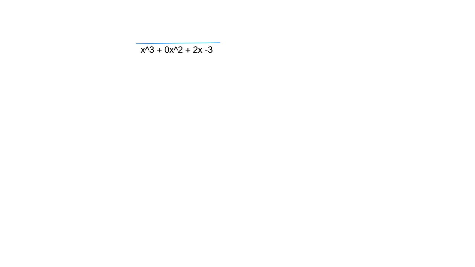Then make this sign like a square root sign. Then put the divisor outside. What's the divisor? X plus 2. Outside this sign.